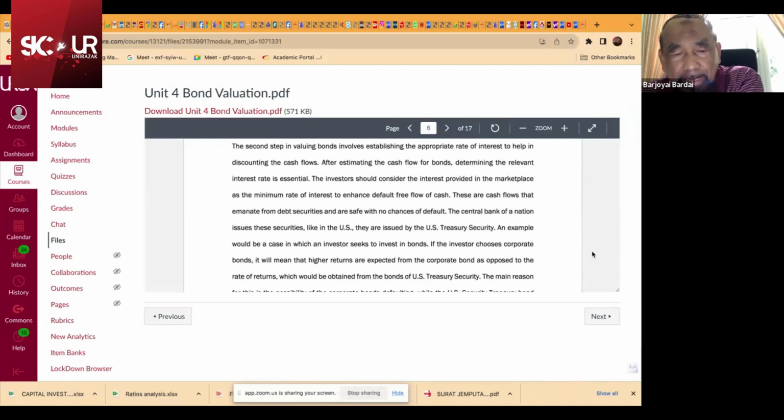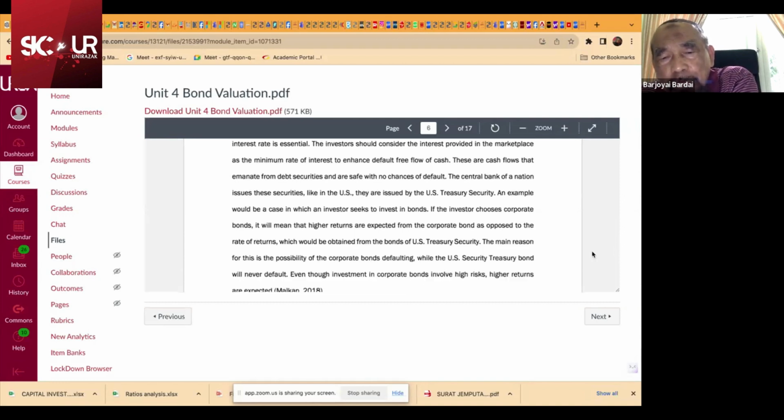Example would be a case in which an investor seeks to invest in bond. If the investor chooses corporate bond, it means that higher returns are expected from the corporate bond as opposed to the rate of return which would be obtained from the government bond or treasury security.